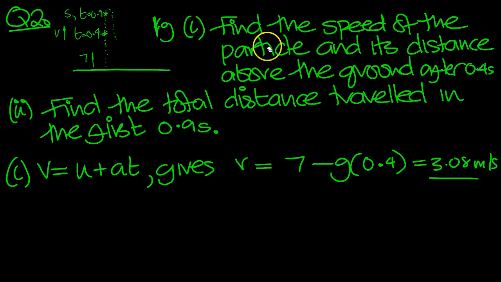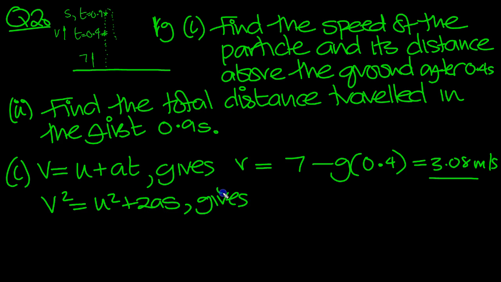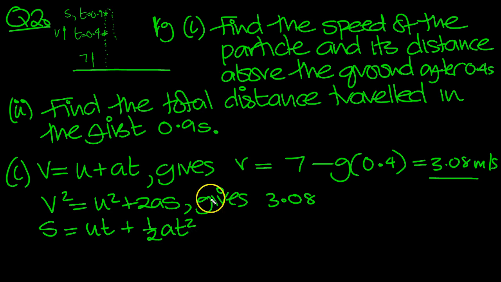Now we want to find the distance above, so we can use v squared equals u squared plus 2as, can't we? Or we could use the formula s equals ut plus half at squared. So I think we'll use this one, because it gives an explicit form.